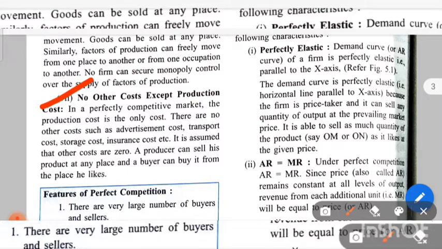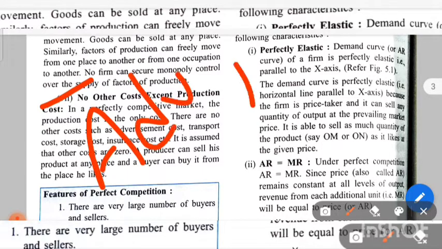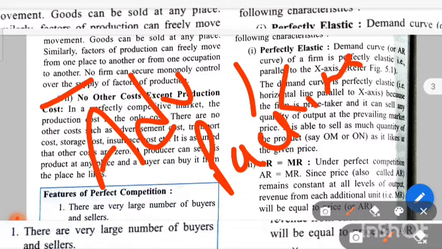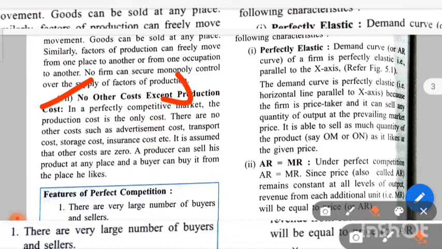But in perfect competition, you are not allowed to charge all these expenses. For example, your advertisement expenses, your packaging expenses. You are making your product attractive with packing, so you cannot include all these expenses in your cost, because if you do so, what will happen?